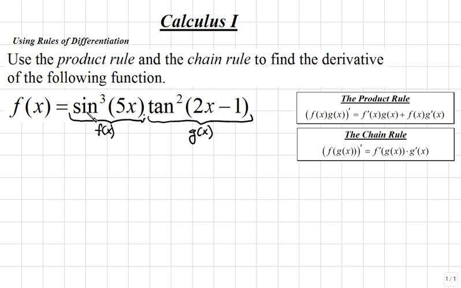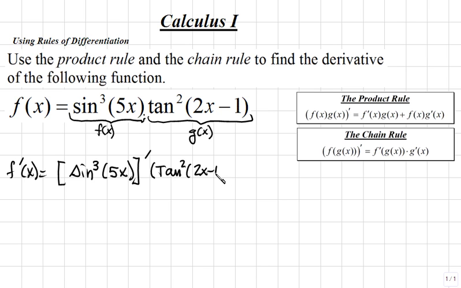So, to use our formula for this derivative, f prime will become, we'll write in brackets, sine cubed of 5x that we'd like to find the derivative of, times g of x, which is tangent squared of 2x minus 1.